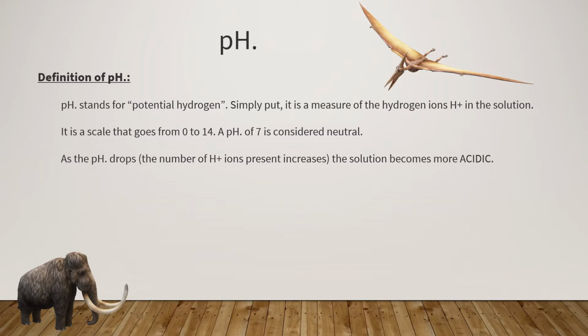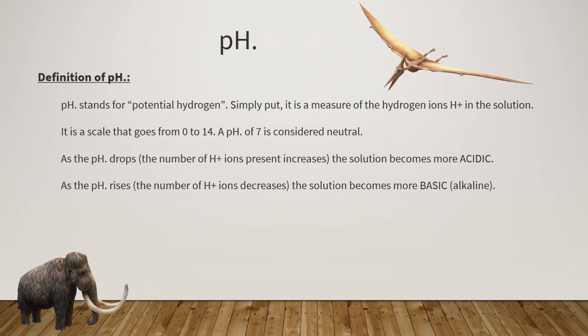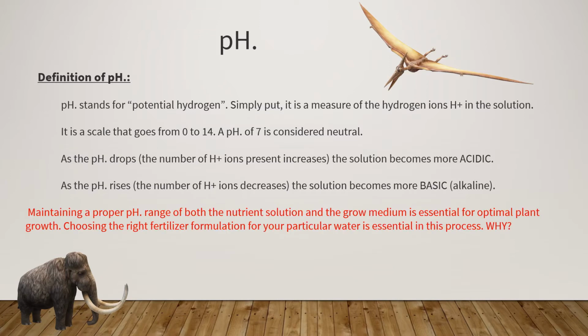So as the hydrogen ions increase, the pH drops and the solution is more acidic. So conversely, as the pH rises, the number of hydrogen ions in that solution is decreasing, and the solution becomes what we call more basic or alkaline.